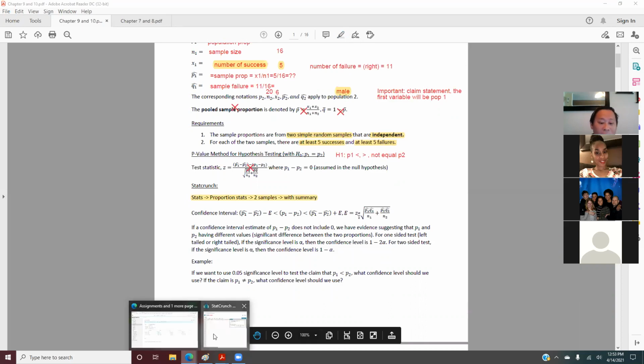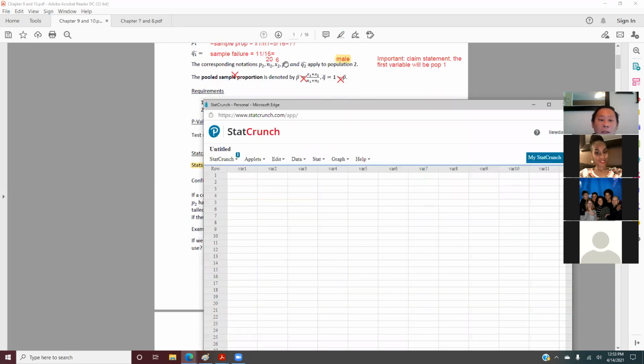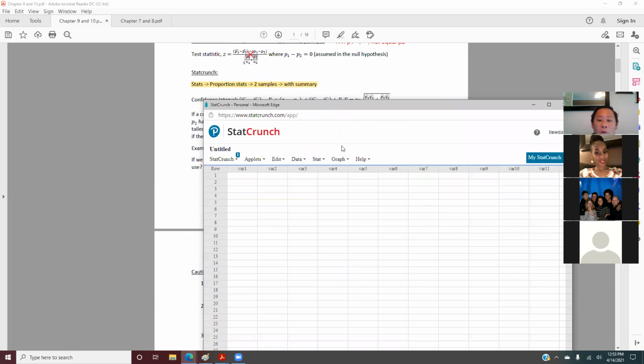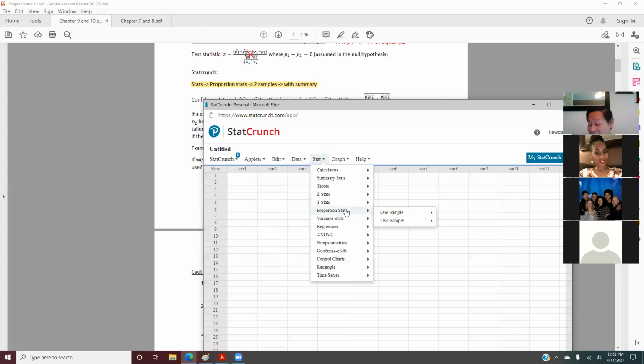So let's go to StatCrunch. What you do here is go to Stats, then Proportion Stats. Last time we did One Sample for chapter 7 and chapter 8. This time we will do Two Sample With Summary. This is the one you will be using.